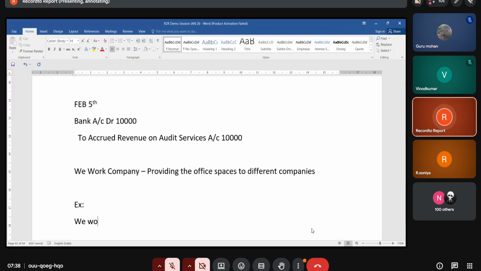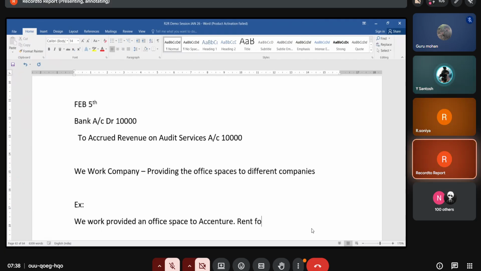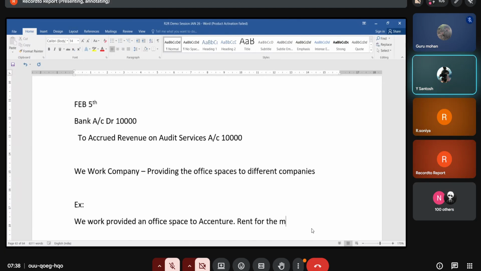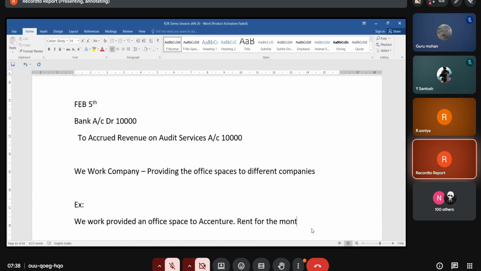So WeWork provided an office space to Accenture. So the rent for the month of January 26 is 1 lakh rupees, received on 5th February.